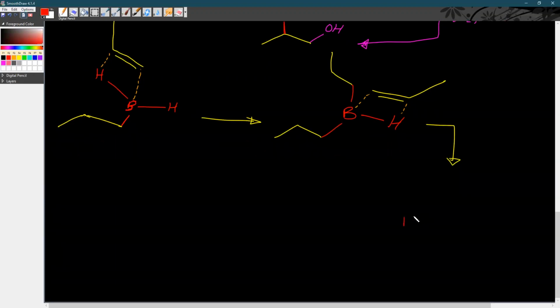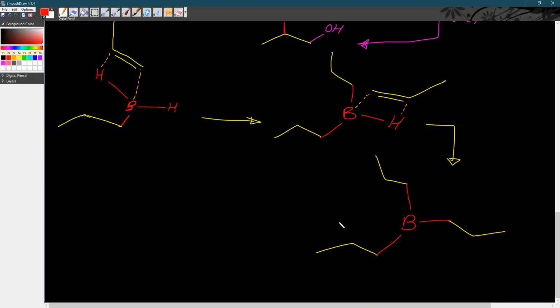Where we have this boron in the middle, and it's connected to three variations of our alkene. Okay, so what's the ratio of BH3 to alkene?